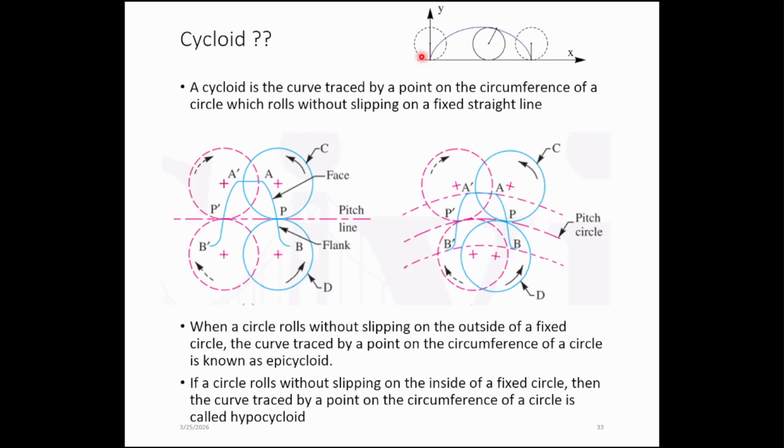At the top figure, you can see that our circle was initially at the center point. I have selected one trace point which is located on the circumference here. Now I am going to roll this circle.